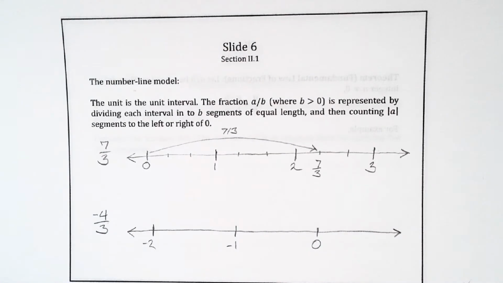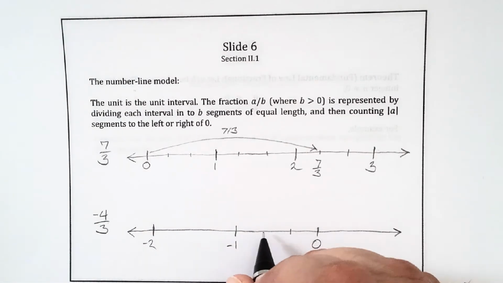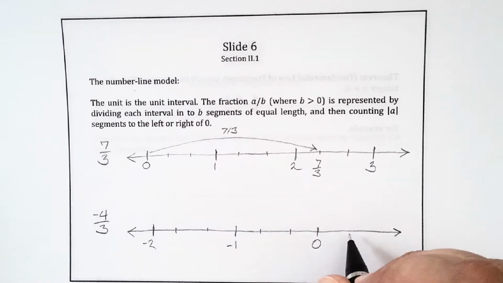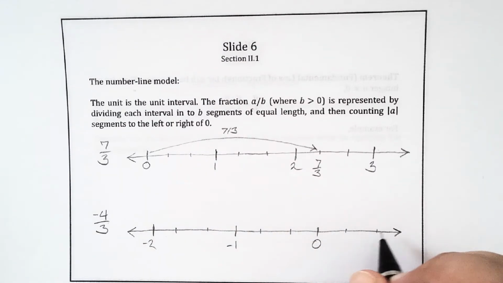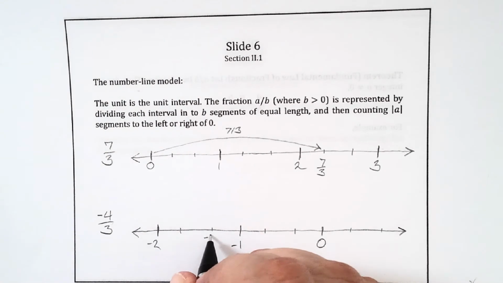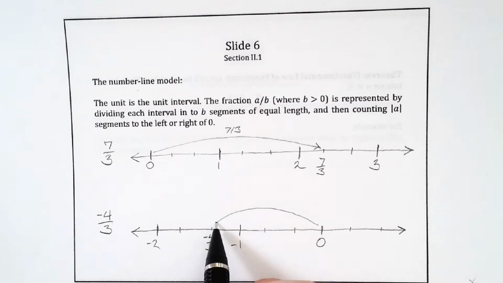And here, again, the denominator is 3, so I'm going to divide each interval into 3 equal parts. It'll look something like that. And I want to count 4 segments to the left of 0. 1, 2, 3, 4. There's negative 4/3. And then here it is as an arrow.